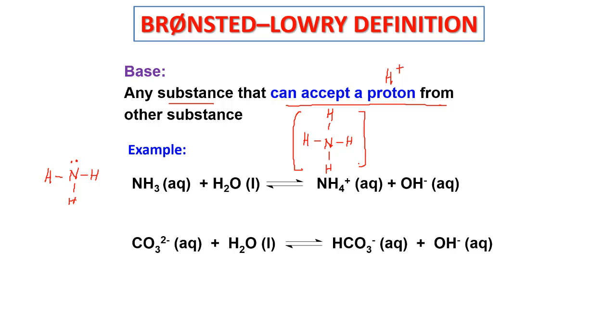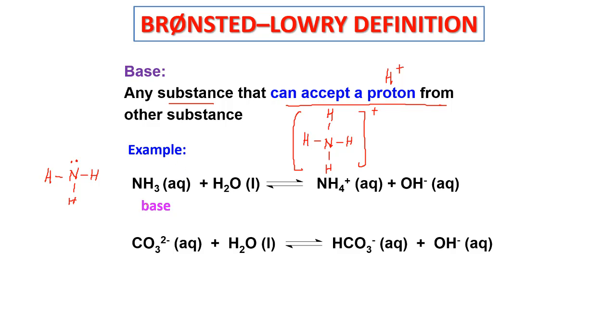You nampak kat situ, ammonia asalnya ada 3 saja proton, tetapi dia telah accept satu proton daripada water dan form ammonium ion. Jadi, kita dapati bahawa ammonia telah accept a proton from water. Jadi, ammonia adalah Bronsted-Lowry base.